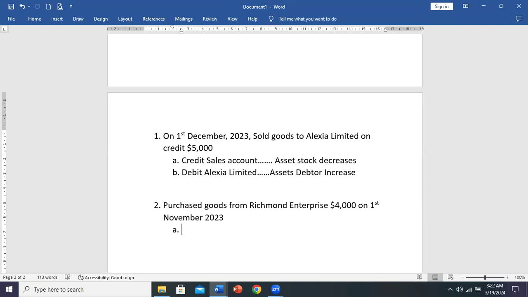Okay, so purchase goods. So increasing assets and decreasing asset cash. Okay. And we are going to debit the purchase account. Okay, so we'll open purchases account. Good. And then we'll open what?